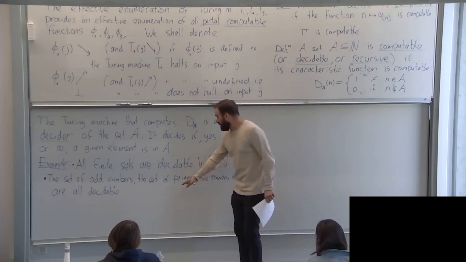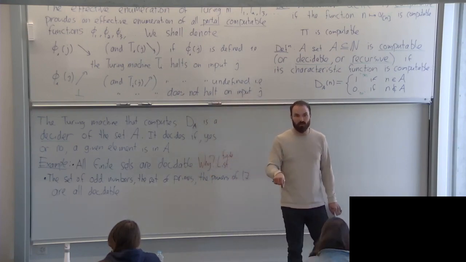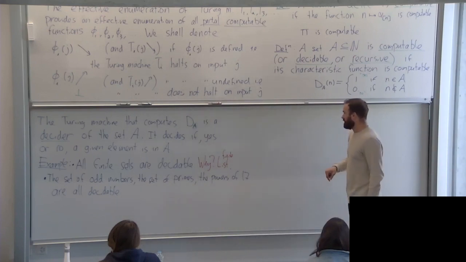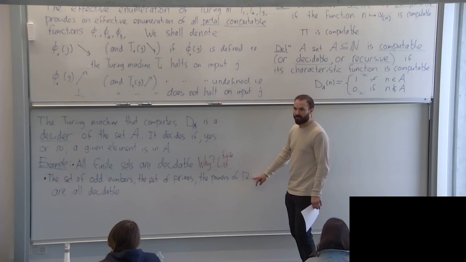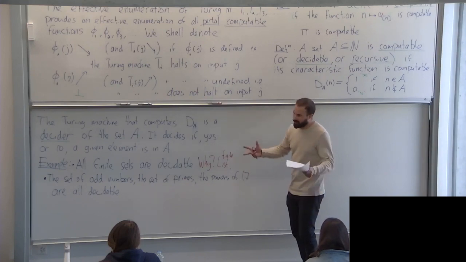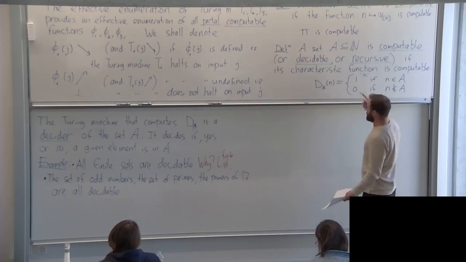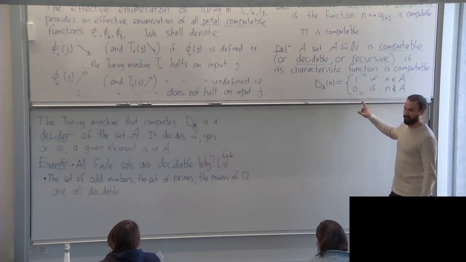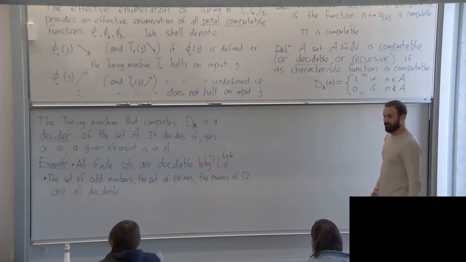There's also an algorithm which on input n says yes or no, this number n is a prime. And similarly here, it receives a number, it's going to do its thing, and it's always going to halt with some answer, yes or no, it is a power of 17. Like just checking all the multiples of 17 or something. That's one way.